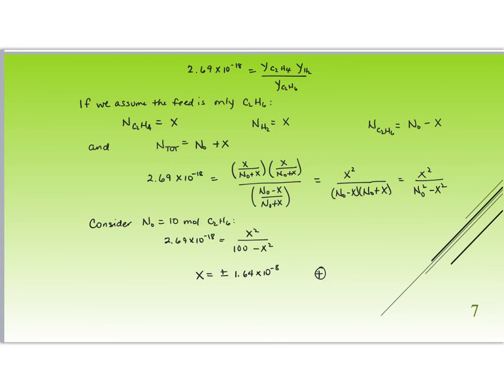The other thing to note here is that this Ka value was very small, right? 10 to the minus 18th is a very small exponent. And so my extent of reaction was very small also. You might even say that the reaction just barely even proceeded.